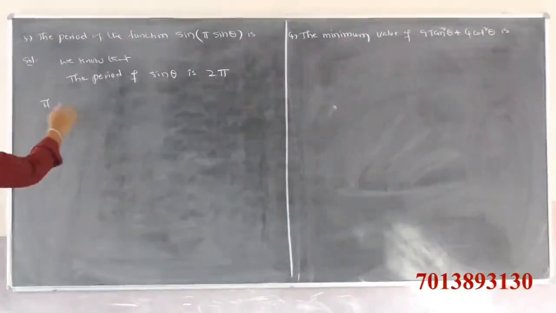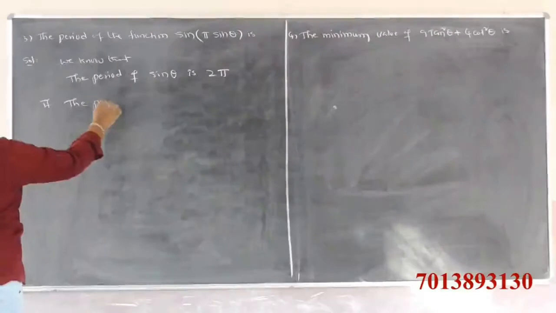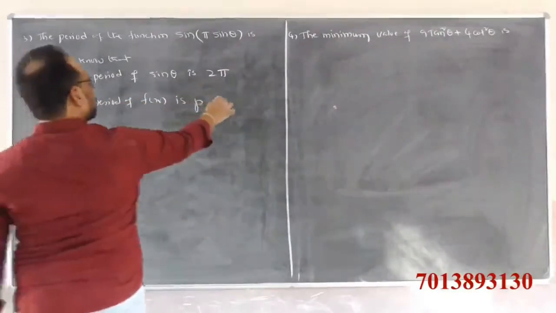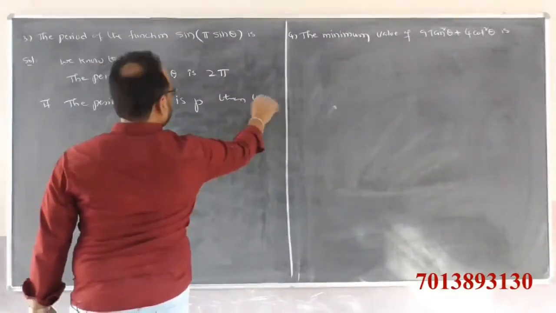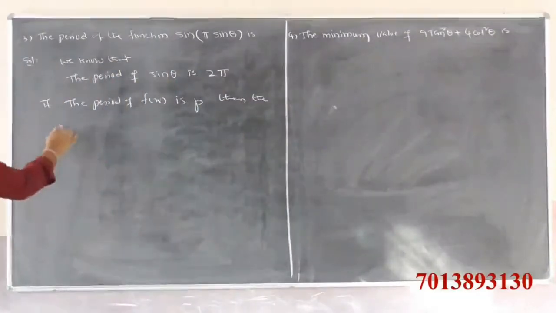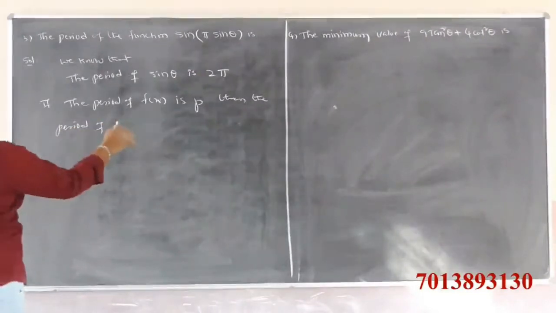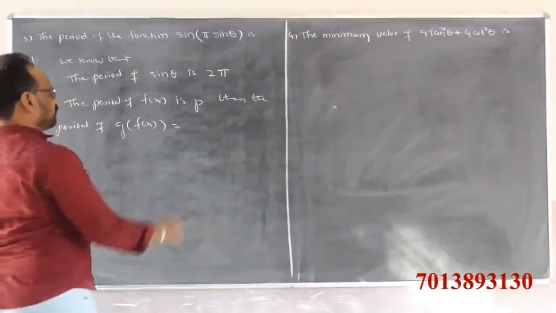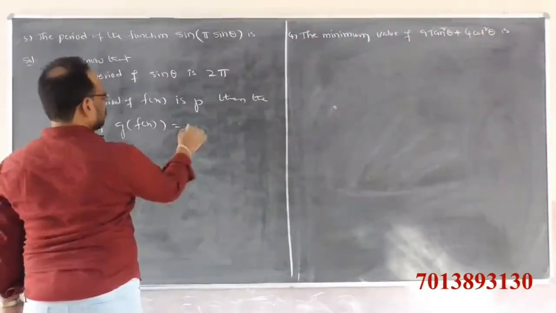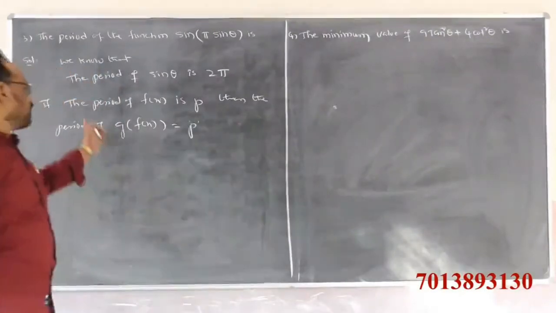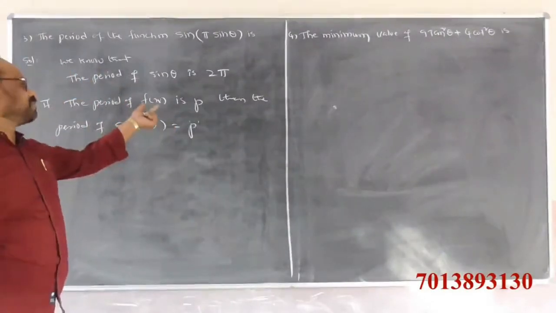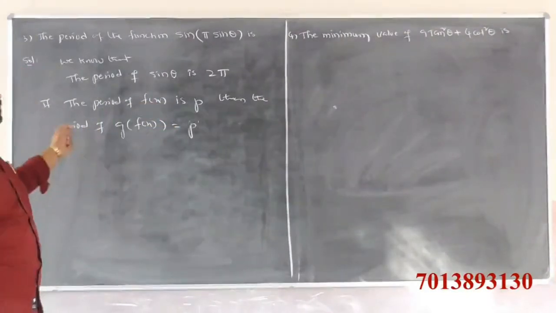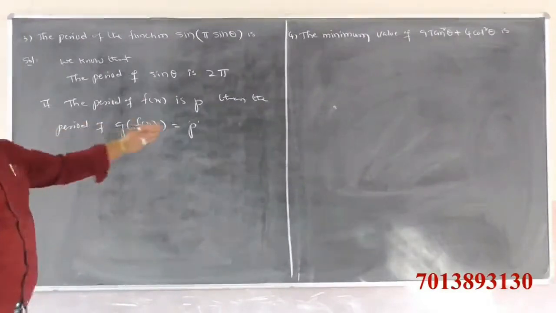If the period of f of x is p, then the period of the composite function g of f of x is also p.